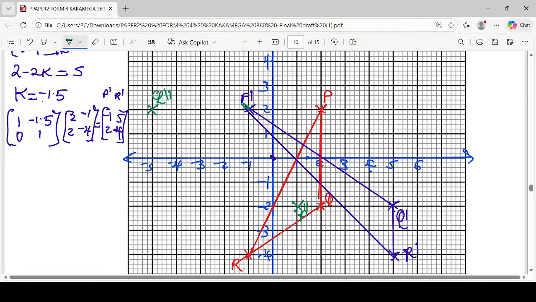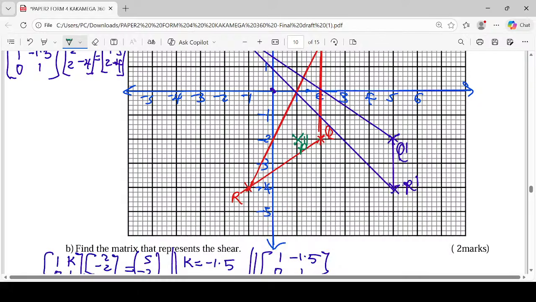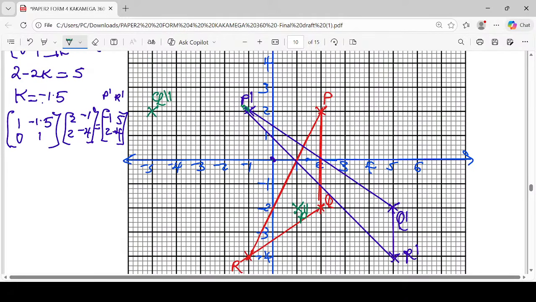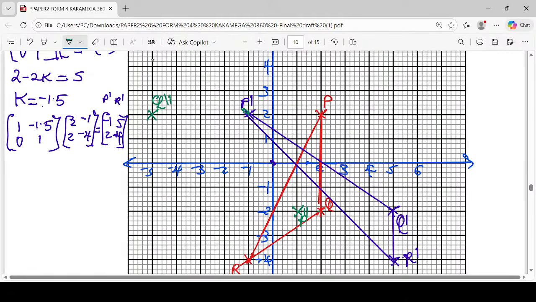Our R prime, because it was at 5, negative 4, is going to be at negative 5, positive 4 here. That is our R double prime. Then let's join P double prime to Q double prime to R double prime. That is how you do such a question.